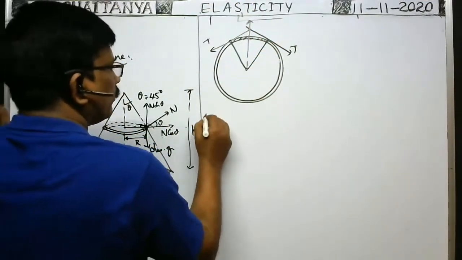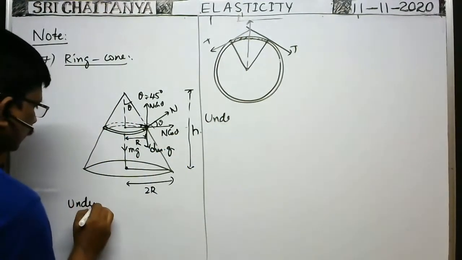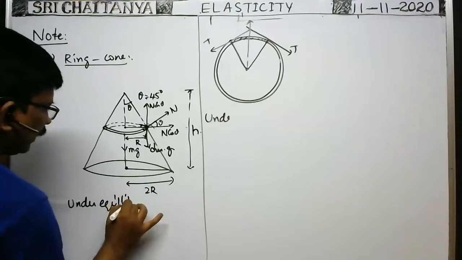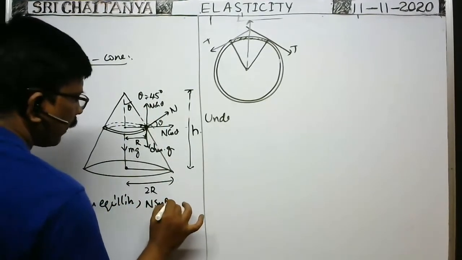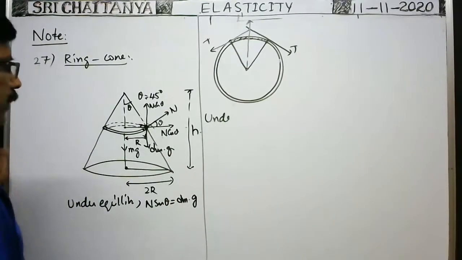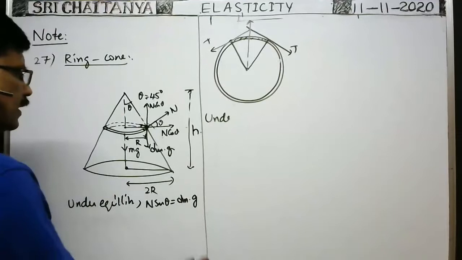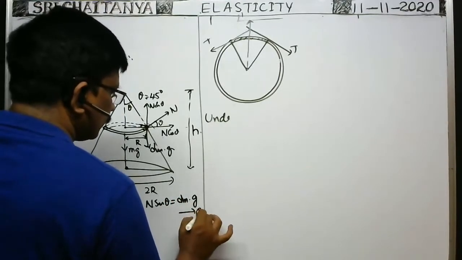That's why under equilibrium, along the vertical direction, N sin theta balances the weight of the element, dm into g. That is equation 1.